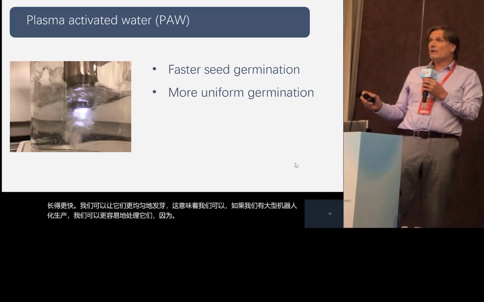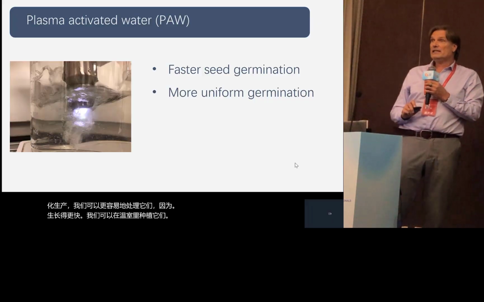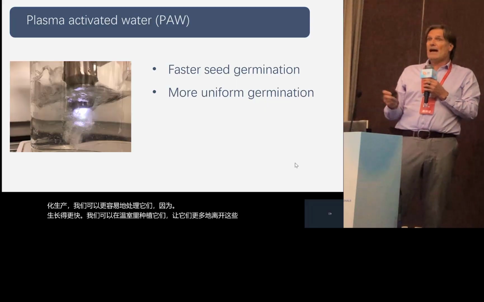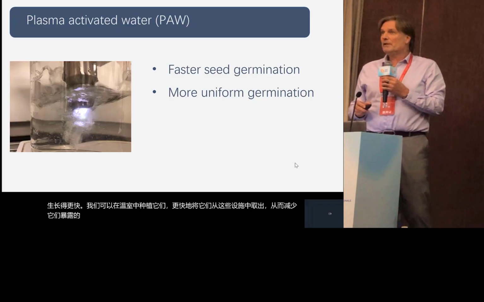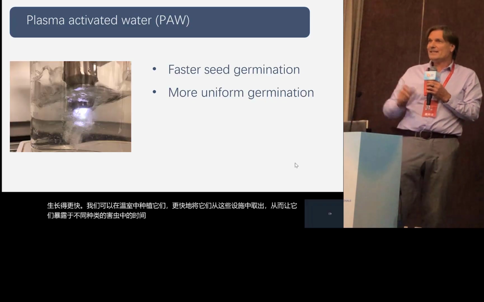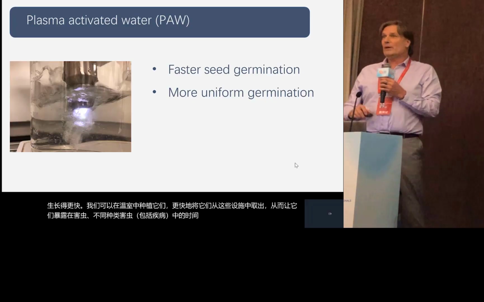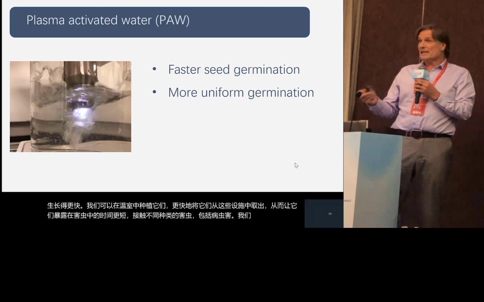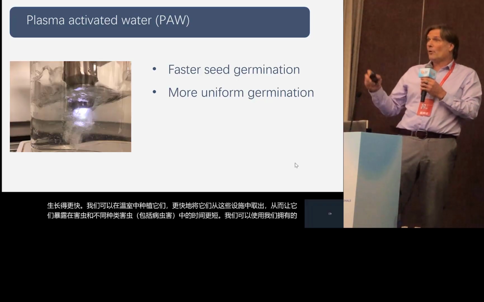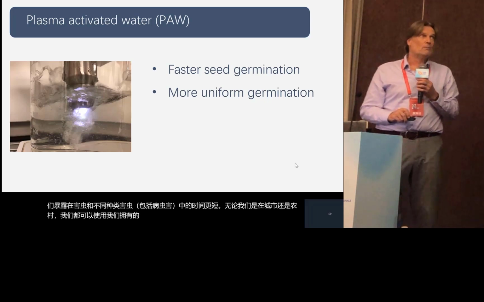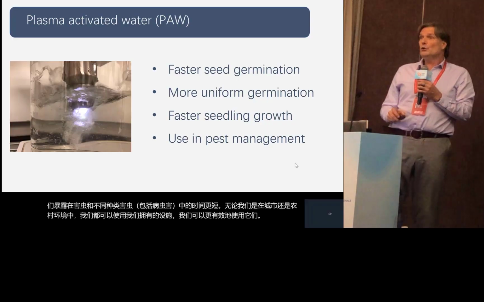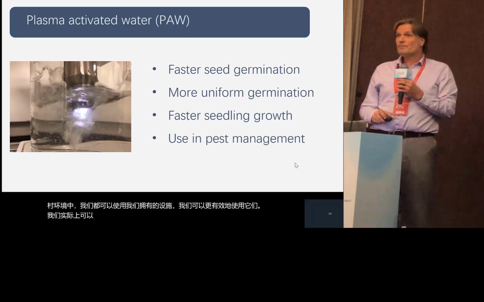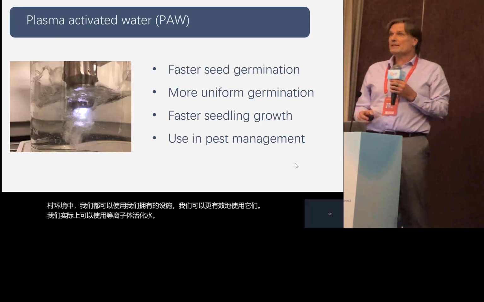We can grow them in greenhouses, get them out of those facilities more quickly, and therefore have them exposed for less amount of time to different kinds of pests, including diseases and insects. We can use the facilities we have, whether we are in an urban or in a rural environment. We can use them more effectively, and we can actually use that plasma activated water as a carrier for pesticides.